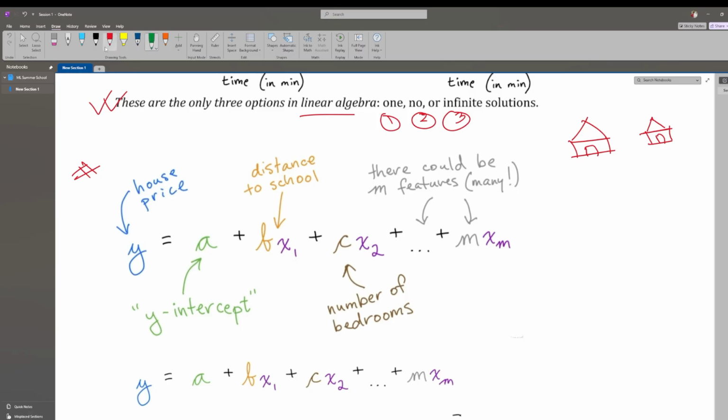One of the factors is the distance from the school. Maybe there is a school, and these are obviously the houses, the red houses. One is maybe 2 kilometers from the school and one is 7 kilometers. There is also the number of bedrooms: this house might have 3 bedrooms and these have maybe 2 bedrooms.